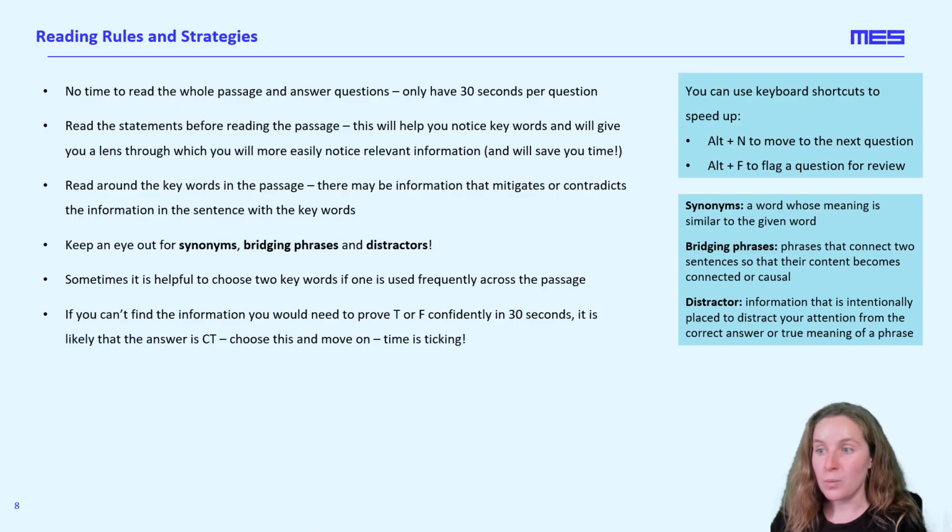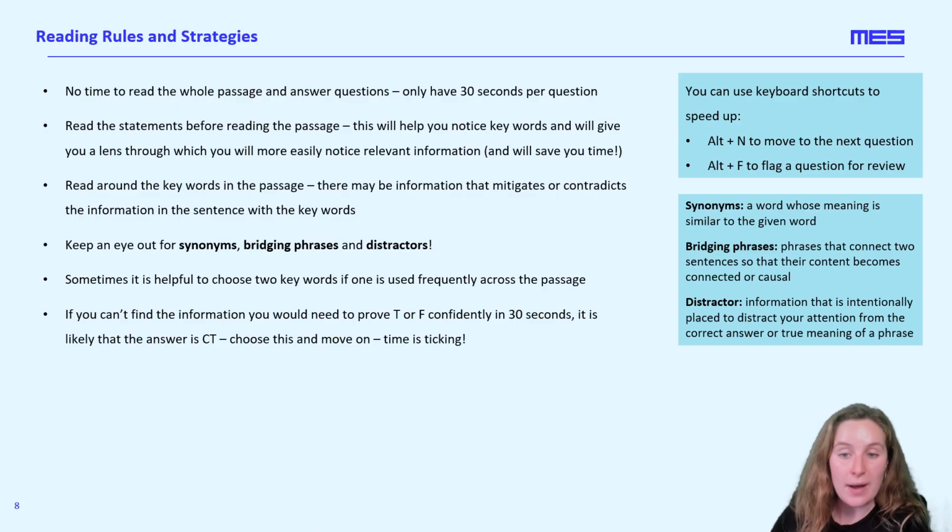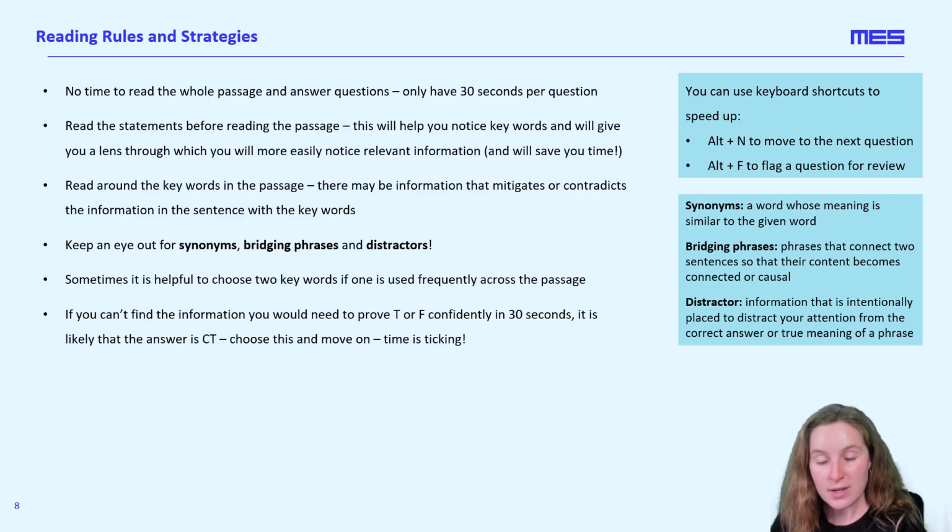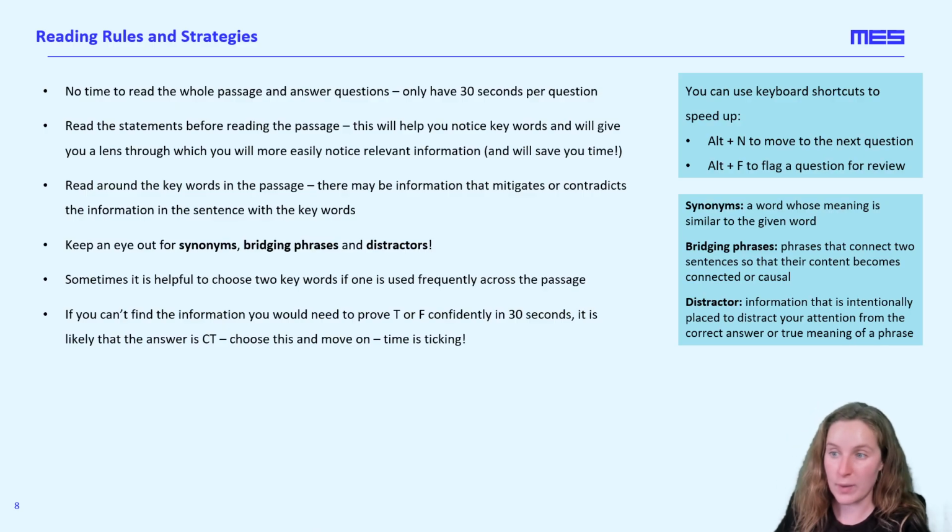You will also want to read around the key words in a passage. So once you have read the questions and you've noticed the key words in them, you'll scan or skim the passage looking for those key words. There will be sentences within the passage with those key words in them, so that you can look for the right information to answer the question.